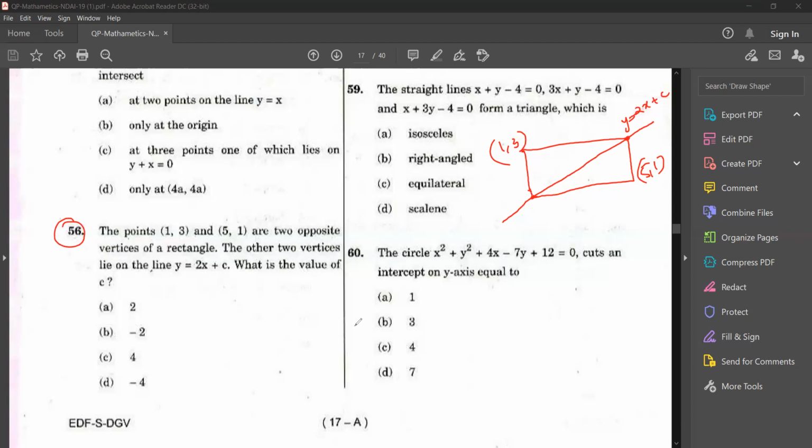Have you got the answer? Very easy question. Listen.